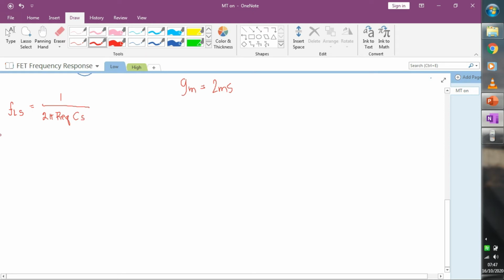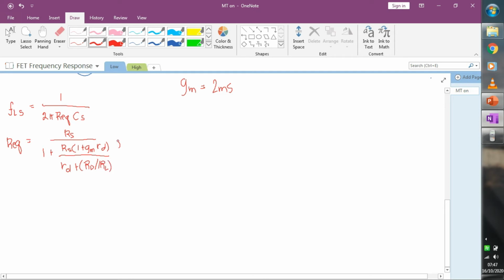From this, you should remember or recall that the formula for the equivalent resistance here is equal to RS parallel with 1 over GM times 1 plus GM times the drain resistance, all over RD plus the combination of your drain resistance and your load resistance.